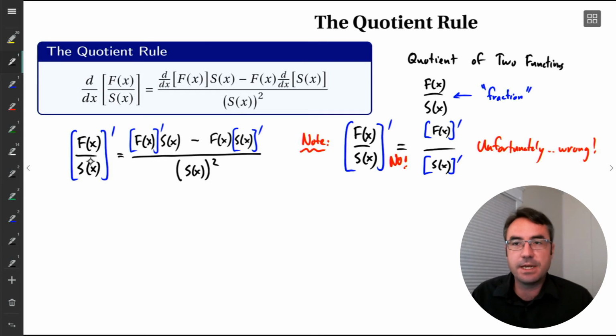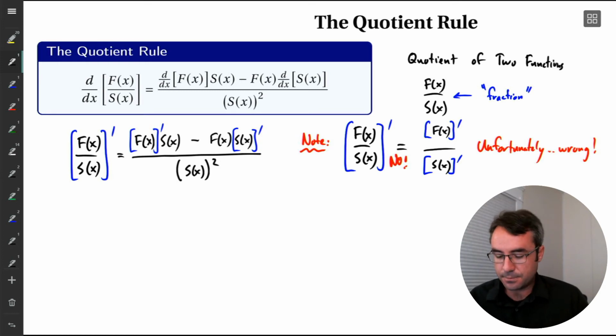So whatever our denominator was, we square it. We don't do anything to it other than just squaring it. So this is one way to help remember the quotient rule. It has its roots in the product rule, so you can see that in what's happening with the numerator.